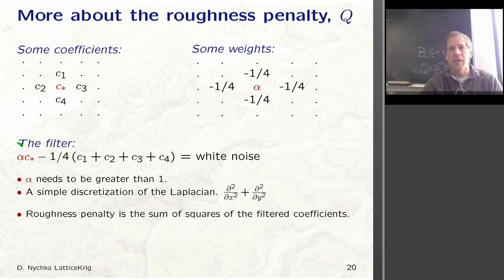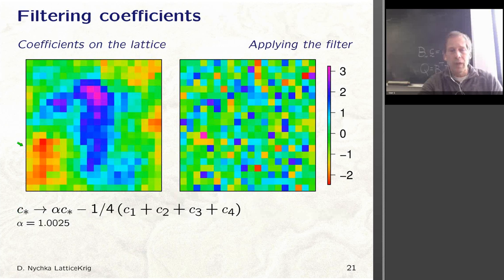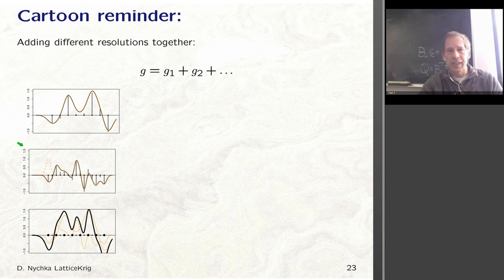Let me explain another way to do it, which sort of comes out of the multi-resolution idea. So think about these processes as having, so the way we're adding up G is we're taking a weight times a standardized process plus a weight times another standardized process.